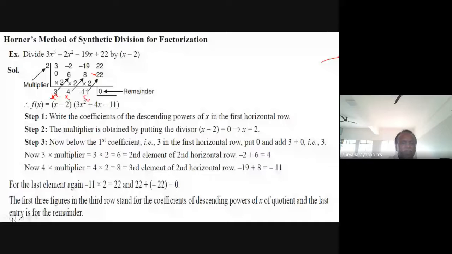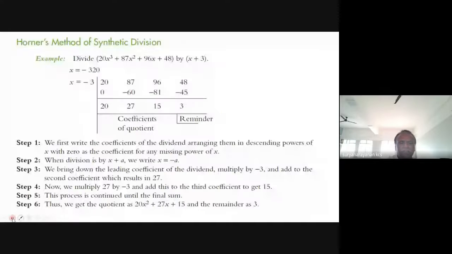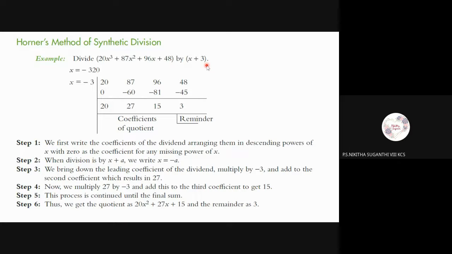I will show you another example. See here, 20x cube plus 87x square plus 96x plus 48 divided by x plus 3.